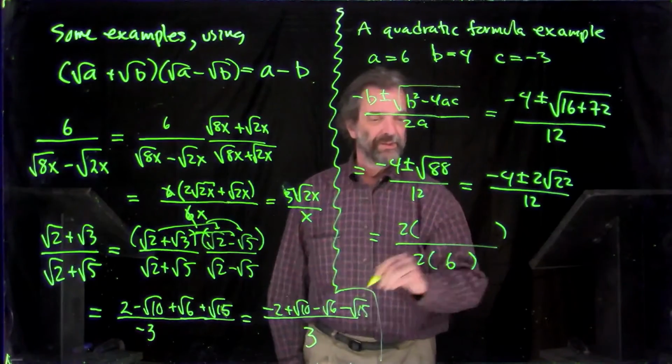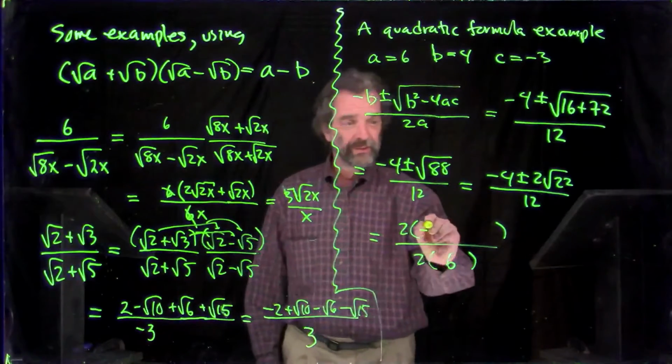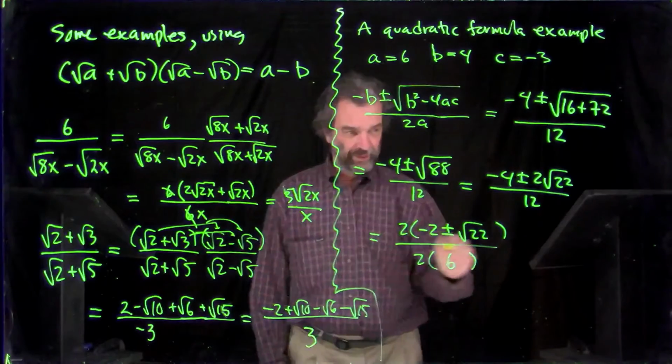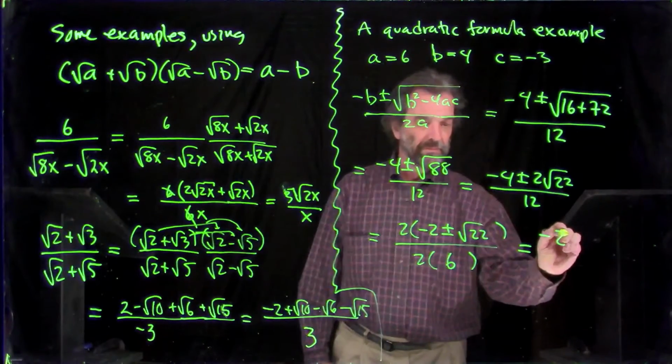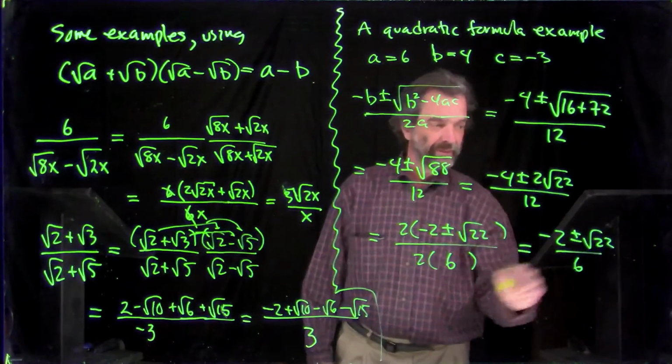The bottom is 2 times 6. The top is 2 times minus 2 plus or minus the square root of 22. So canceling that 2, I get minus 2 plus or minus the square root of 22 over 6.